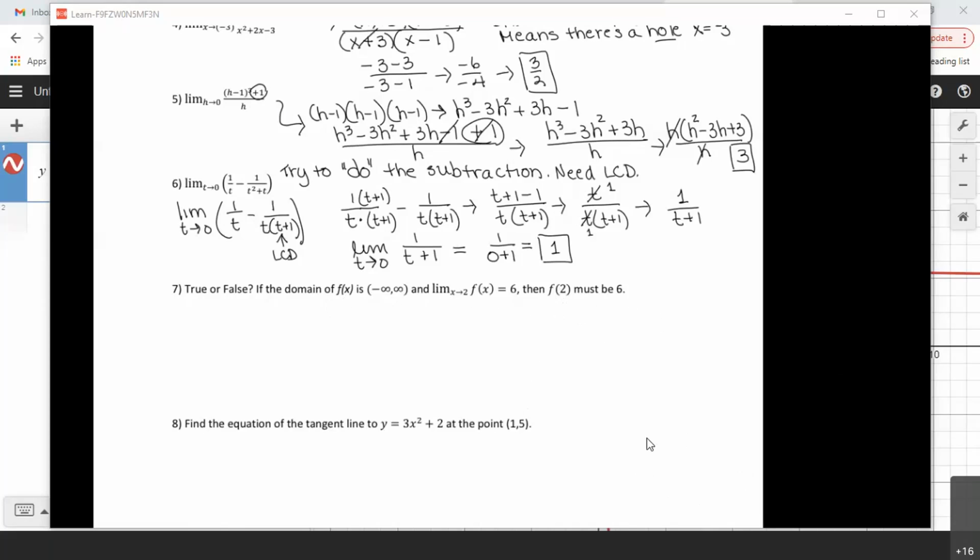So the domain is all real numbers, and the limit as you approach 2 is 6, but the function value isn't 6. See if you can think of an example like that. I'll give you a couple of minutes to think about it, and then I'll ask you what you think.